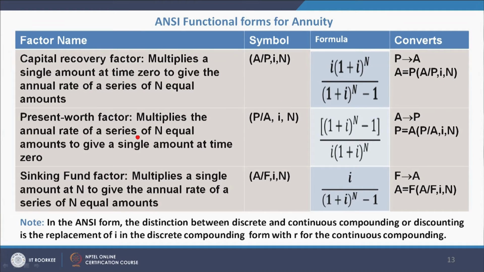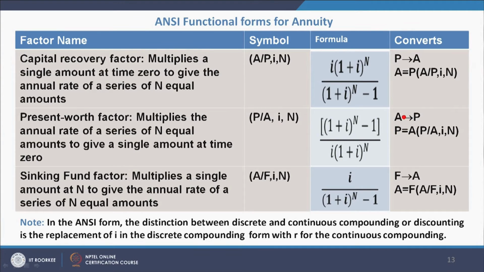Then there is the present worth factor, which multiplies the annual rate of a series of n equal amounts to give a single amount at time 0. It is represented by (P/A, i, n), and is given by [(1 + i)^n − 1]/[i(1 + i)^n].